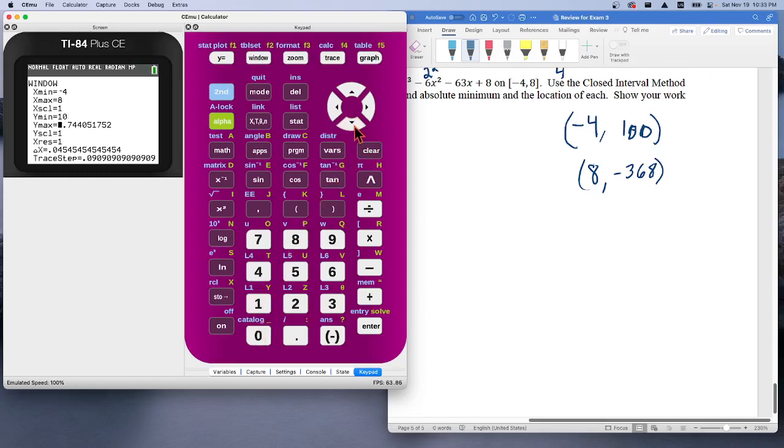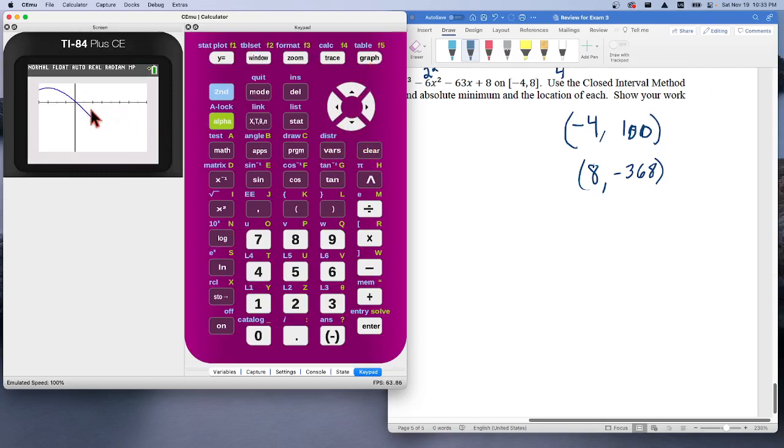I usually go a little bit bigger, but actually maybe we better go 150. And then I want the y maximum to be 150, sorry. And then my y minimum, if I get there, negative 368, so maybe let's go to negative 400. So our window should be set up nicely to show us what's going on when we go to the graph.